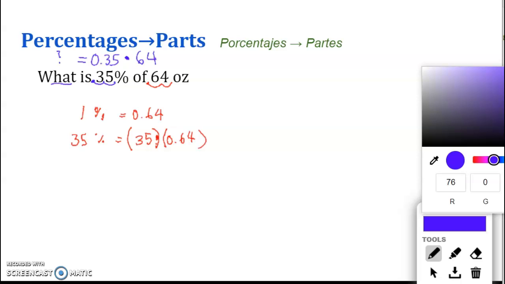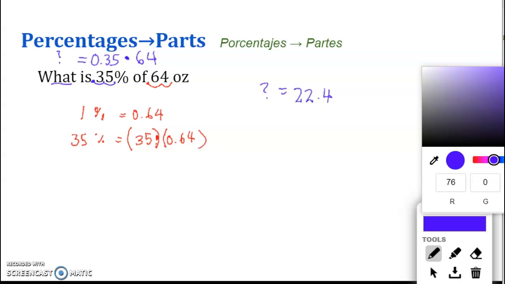So then you are asked, what is 0.35 times 64? You use your calculator and do that, and that's going to be 0.64 times 35, which is 22.4.